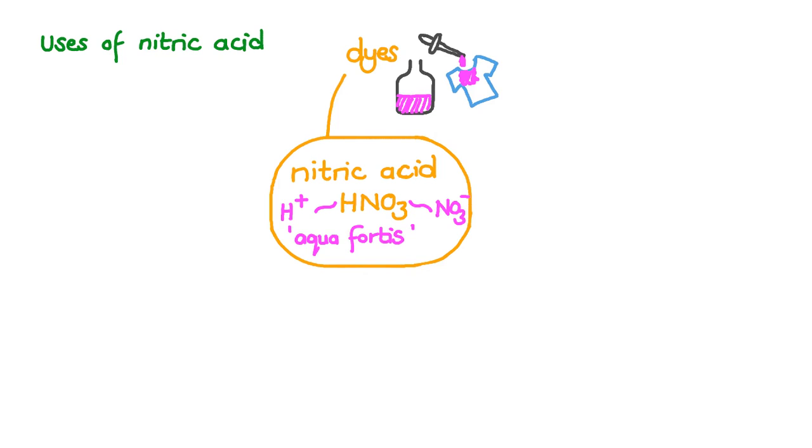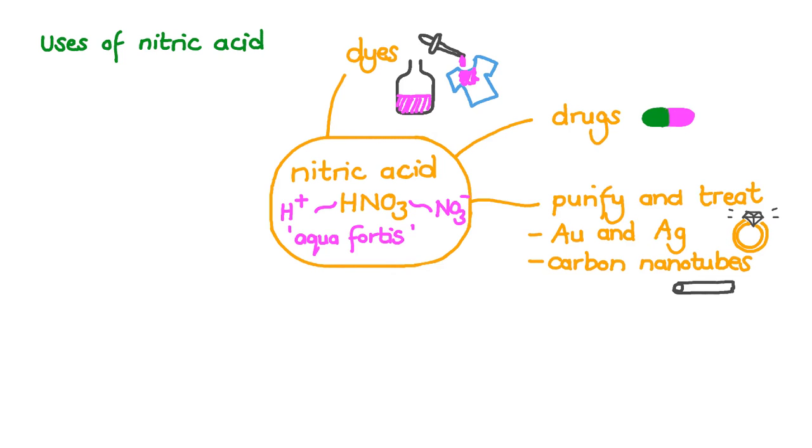It is used in the production of dyes, which we use to change the color of fabrics, in the production of drugs and medicines, to purify and treat gold and silver as well as carbon nanotubes, to etch metal surfaces, which is the treatment of certain parts of a metal surface with a strong acid to create a design.